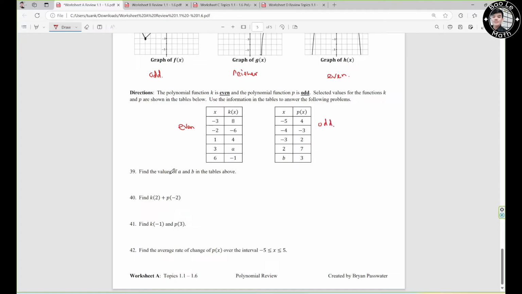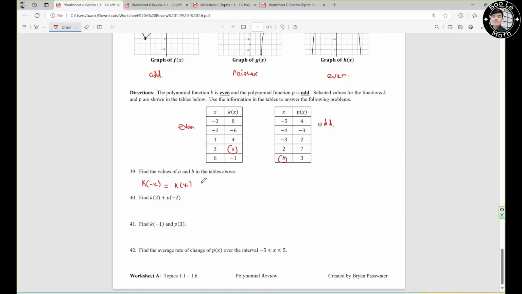Question 39. Find the values of a and b in the table above. So we need to find a right here, and we need to find b right here. Because the function k is even, we have k of negative s equals k of s, right?